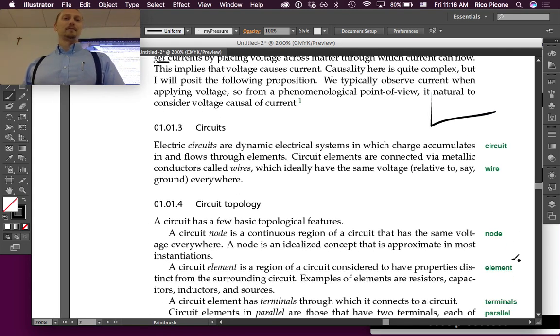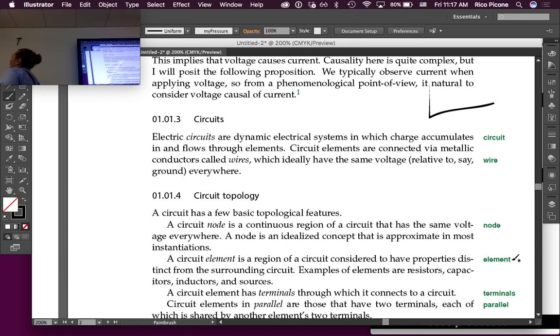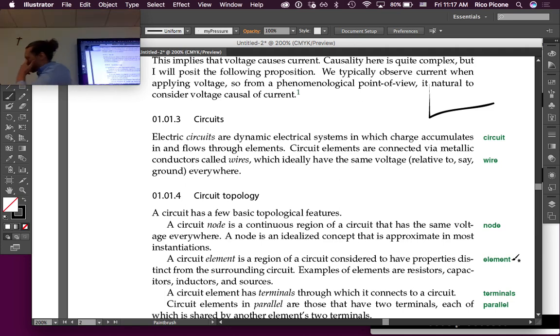So, okay, circuits. Electric circuits are dynamic electrical systems in which charge accumulates in and flows through elements. You'll notice there are a couple of little changes here, and I'm sorry for doing this to you, but I felt it was clearer.